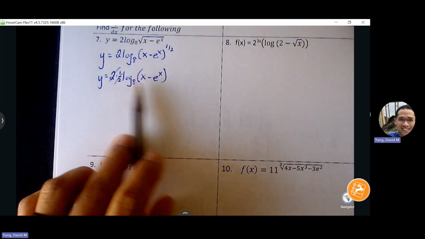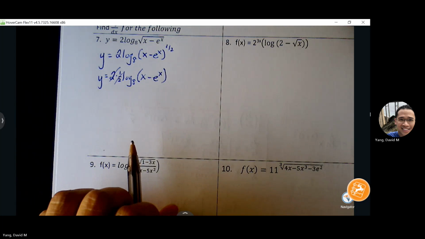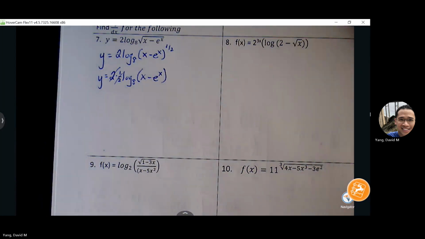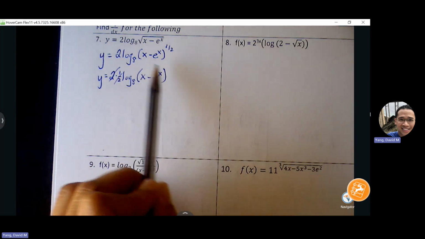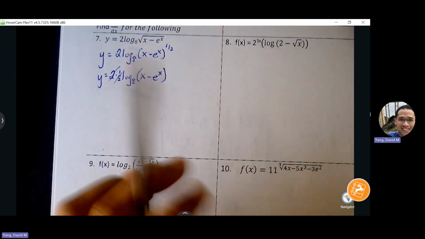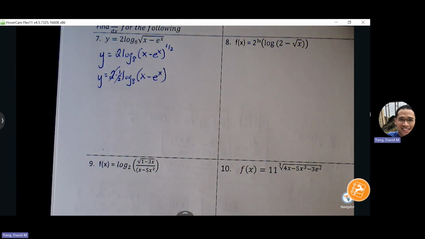What's the rule for natural log? Let's not even think about log base 8. What's the derivative rule for natural log? U prime over U, right? So log base 8 is also going to have U prime over U. I don't want us to think that this is a brand new rule I have to memorize.